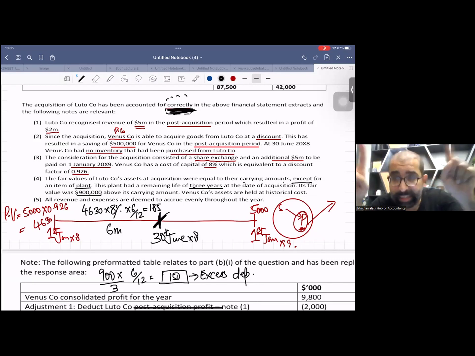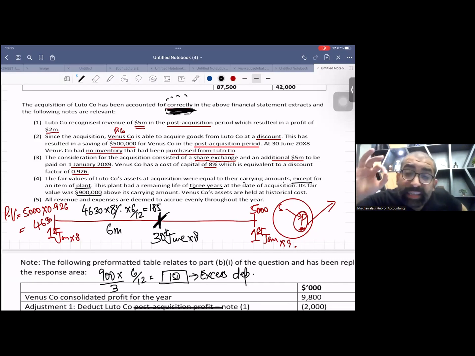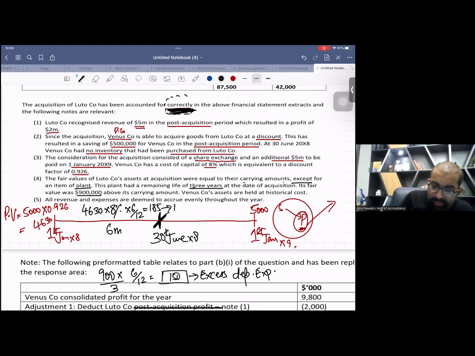And yes, excess depreciation is one of the expenses of consolidated books. Whoever has made this consolidated income statement must have booked this 150 extra depreciation expense. Depreciation is expense. And this 185 interest is also your expense.